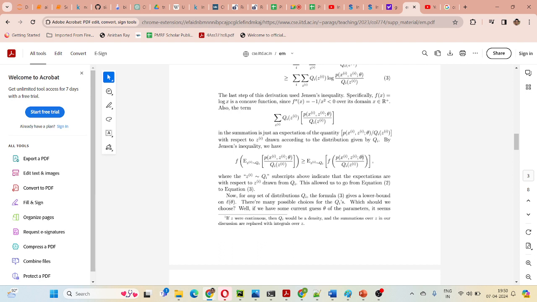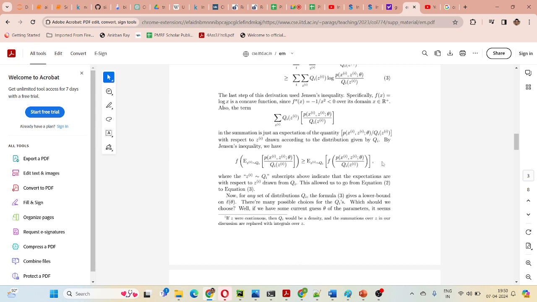So as you see, expectation over Qi of this. Some function over this expectation is greater than the expectation over the function of this.